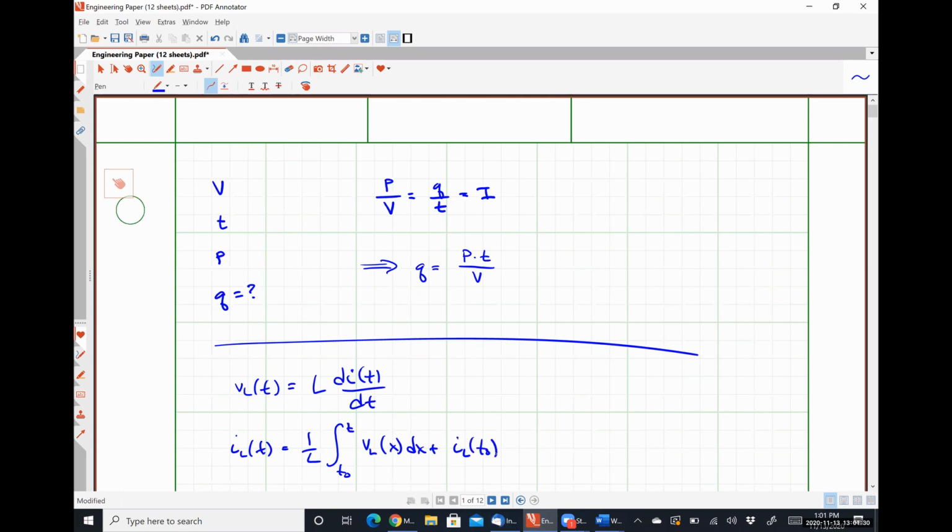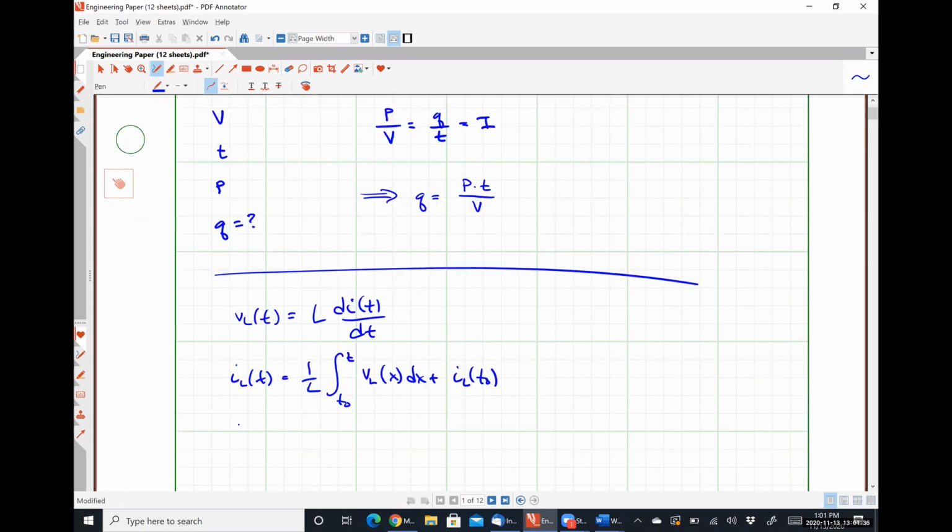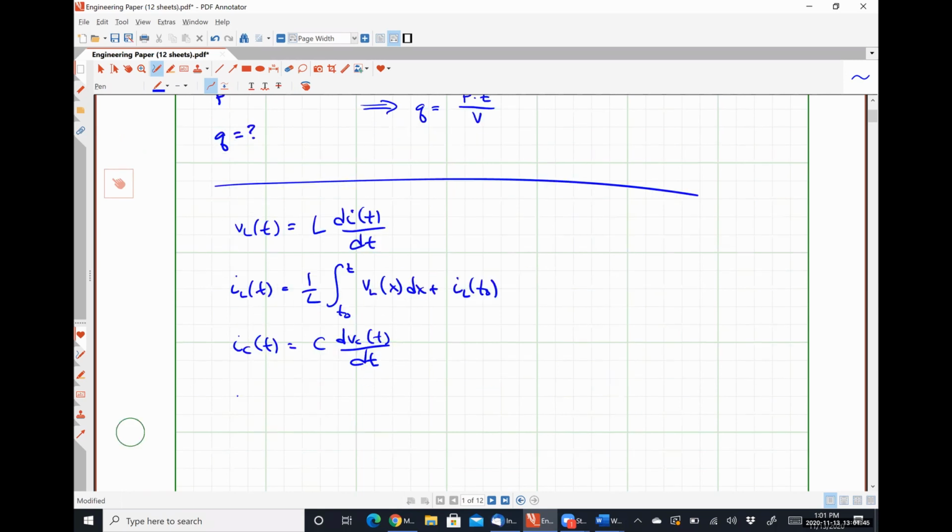For an inductor, if you know the voltage and want the current, you use an integral. For a capacitor, if you know the current and want the voltage, you use an integral.